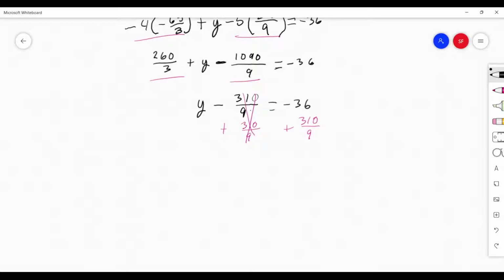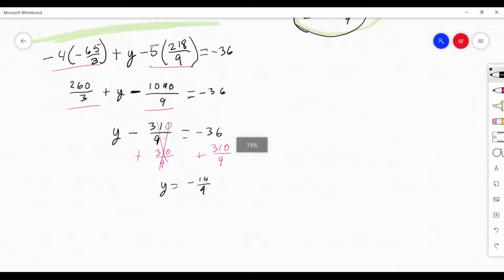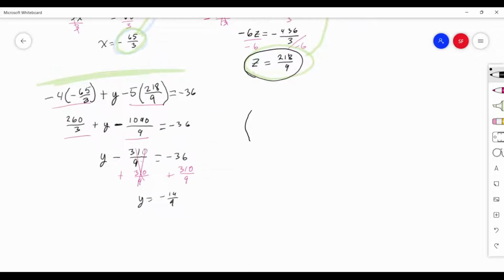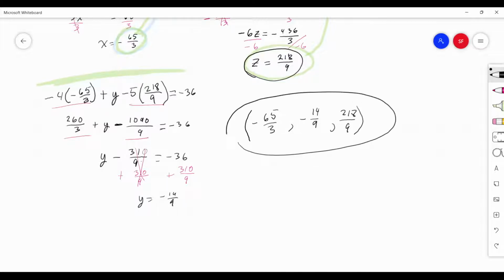So that negative 36 equals, so our final answer for y equals negative 14/9. So our final answer is the ordered triple, negative 65 thirds, negative 14/9, 218 over 9. That is our final answer.